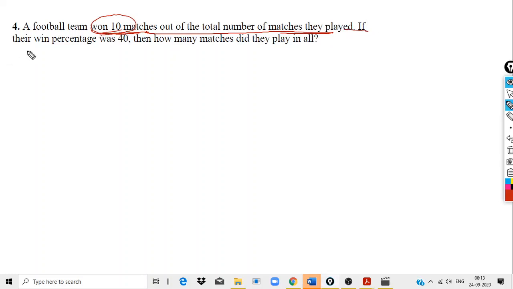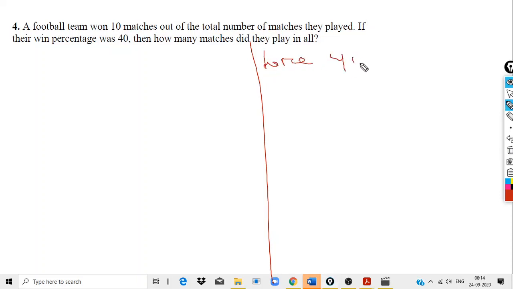If their winning percentage is 40, that means they win 40% of the matches, and 40% is equivalent to 10 matches. How many matches did they play? Very nice. You can write here: 40% is equal to 10 matches.